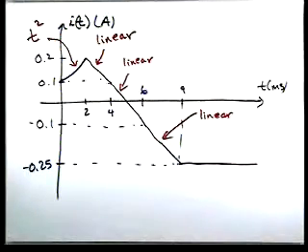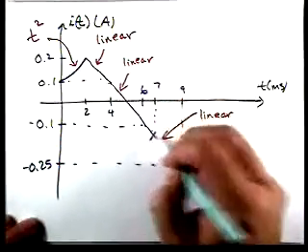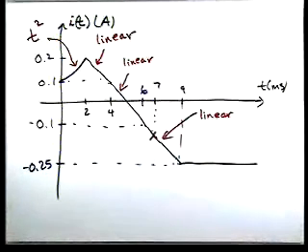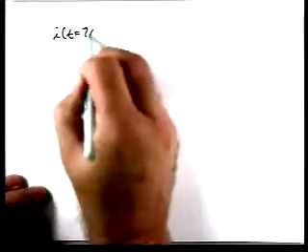So there's our waveform. Now, we were asked to calculate the energy at 7 milliseconds. Here's 7, so we have to calculate the value of the current at t equals 7 milliseconds.